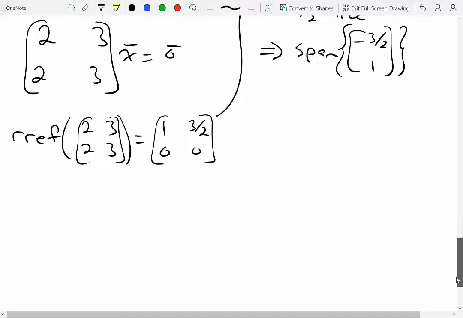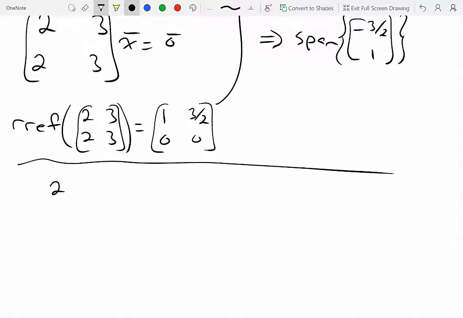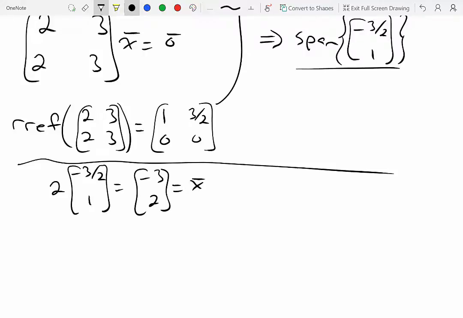Again, we should check this. So let's pick 2 multiplied by negative 3 over 2, 1, just so that I get rid of the fractions. So this would be negative 3, 2. And so this is in the span of that vector.